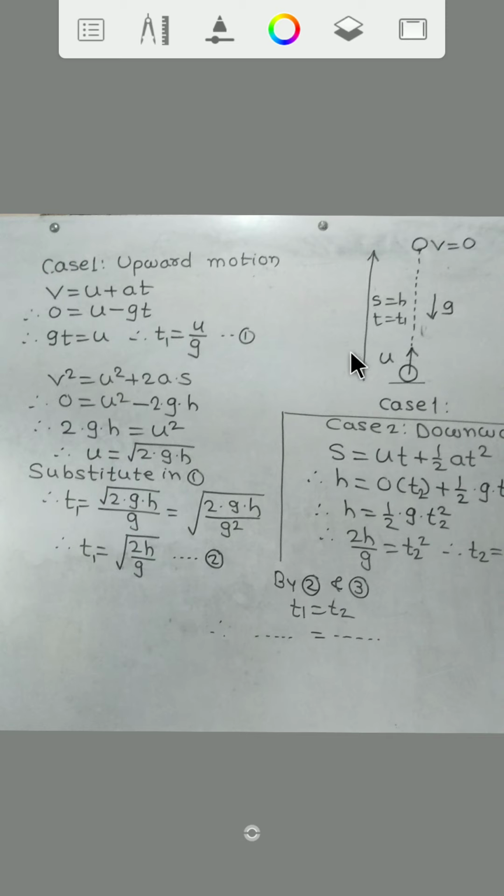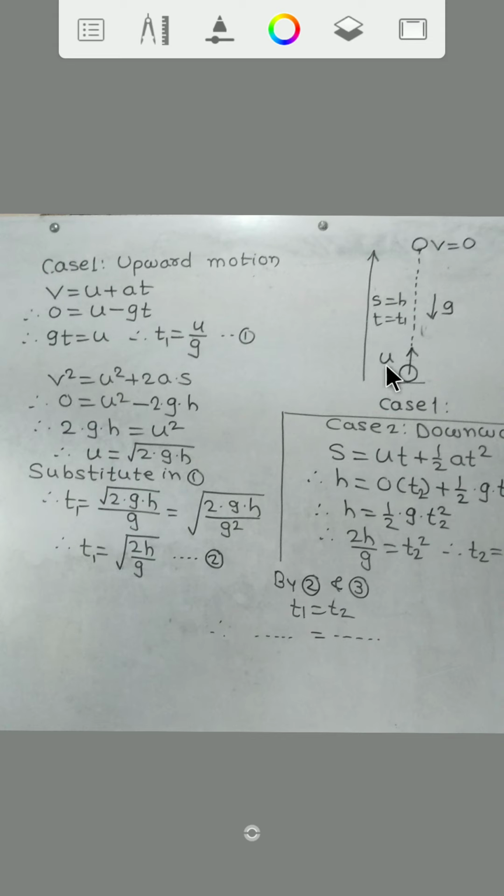Here motion is vertically upwards, but acceleration due to gravity is downward, so we put a = -g. So we get 0 = u - gt, so gt = u.